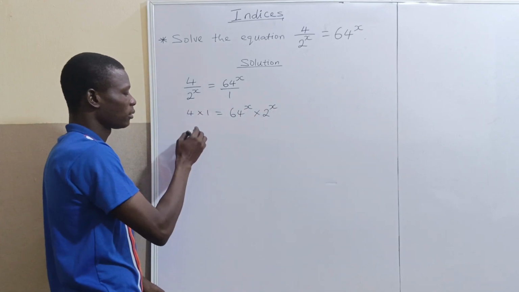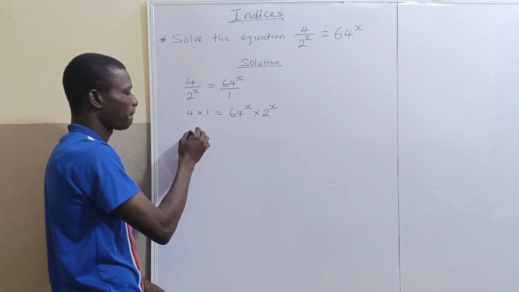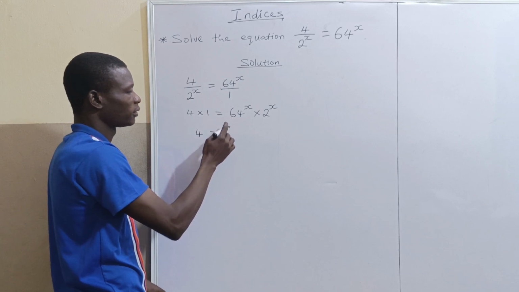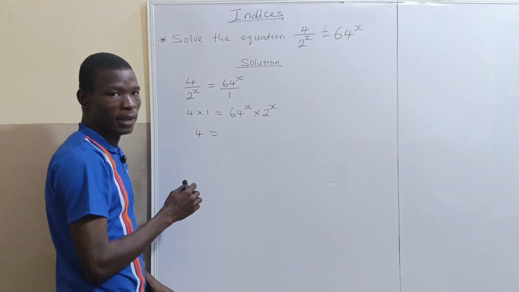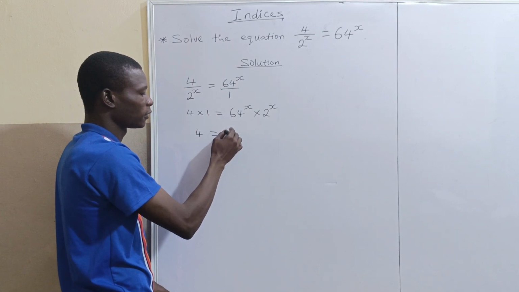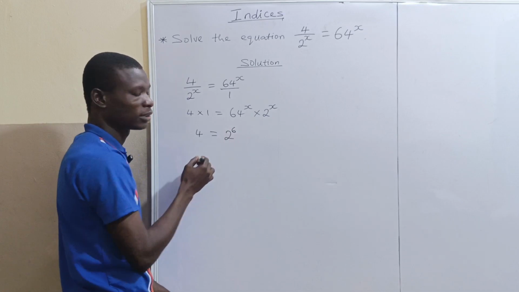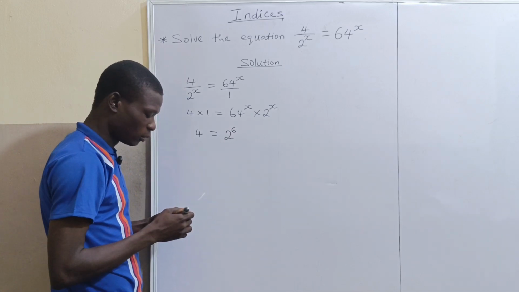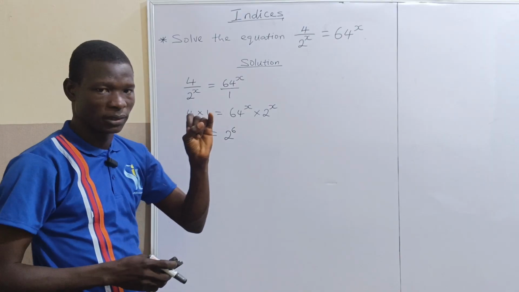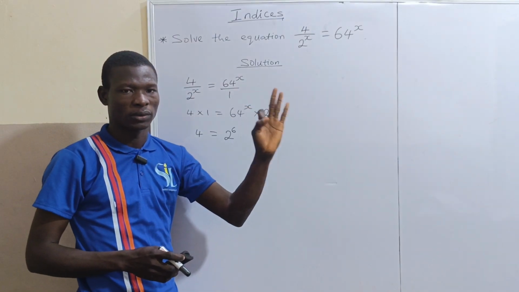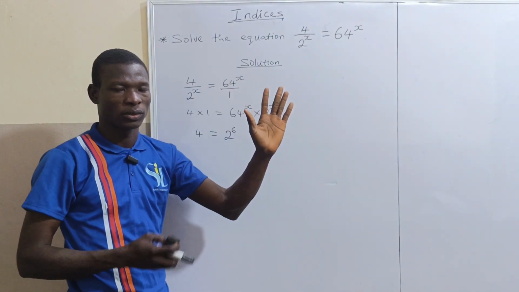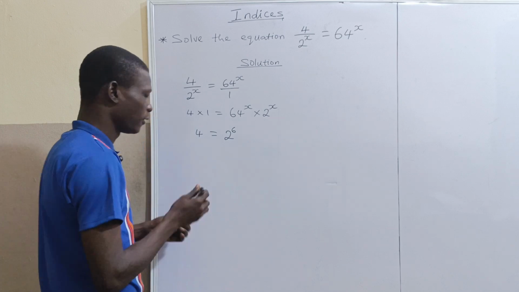Now 4 times 1 is 4 and 64 raised to power x. 64 is firstly 2 to the 6th power because 2 multiplied 6 different times gives us 64. 2 times 2, 4 times 2, 8 times 2, 16 times 2, 32, and times 2, 64.